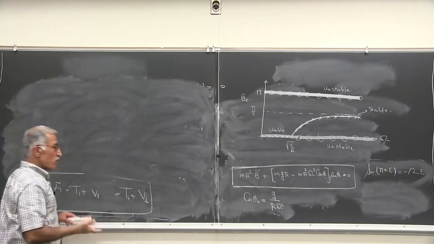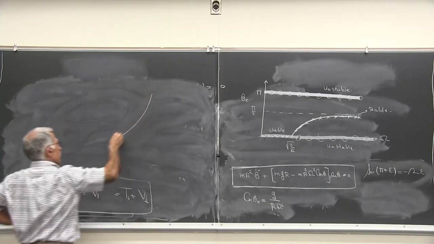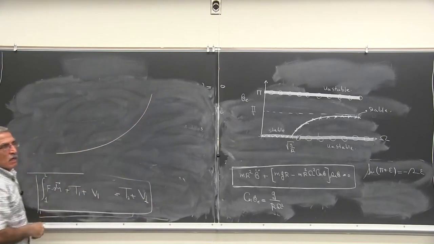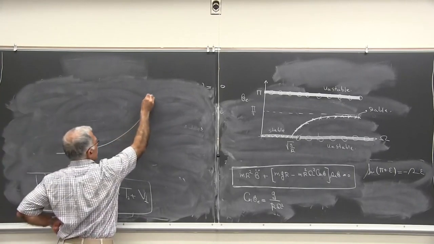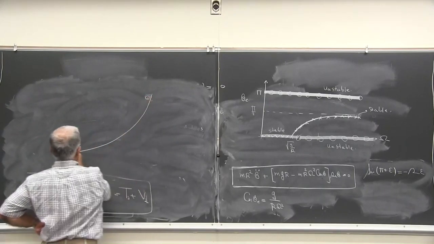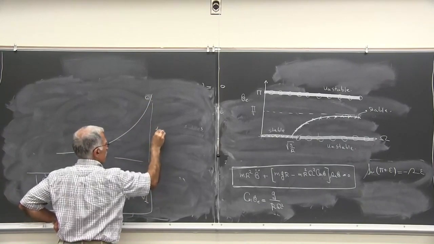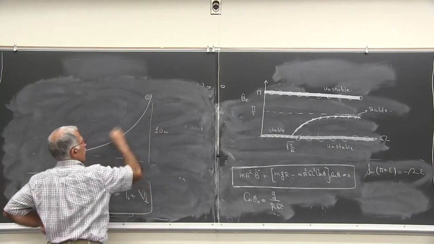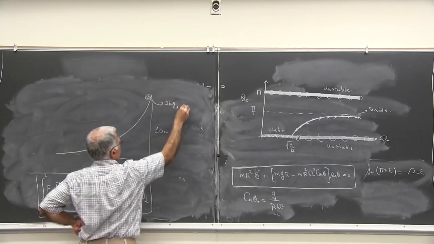So let's say that you have a piece of marble, and this piece of marble is here at a height of, let's say, 10 meters, and this mass is equal to 2 kilograms.